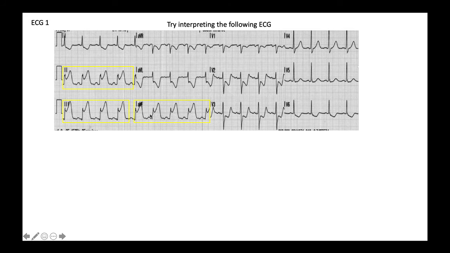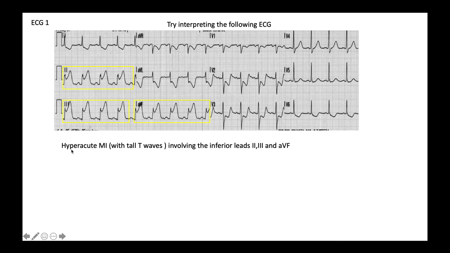And you see reciprocal changes in 1 and AVL, and you also notice ST depression in V2 to V3 as well.